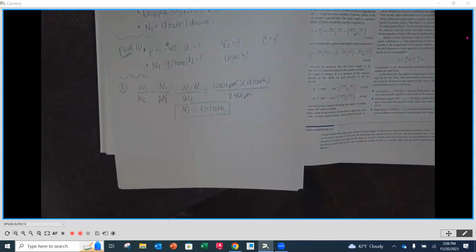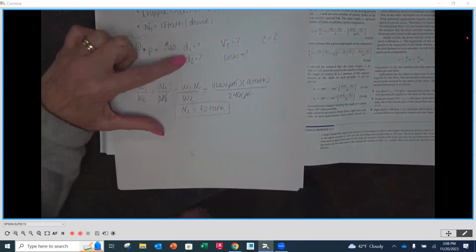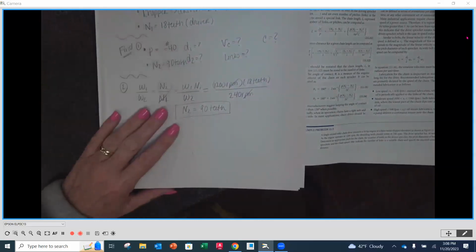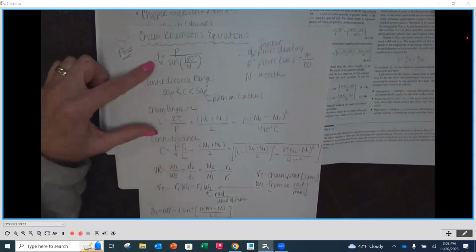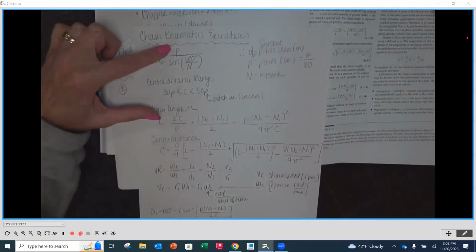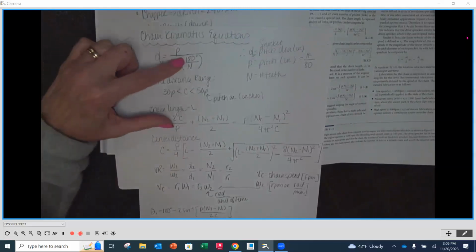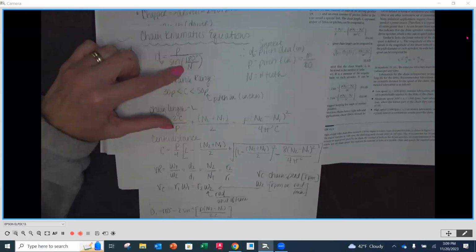Now we want to figure out what the pitch diameters are of our driver and our driven. And from our equation, the pitch diameter of a sprocket is going to be the pitch, in inches, divided by sine of 180 divided by the number of teeth for that particular sprocket.